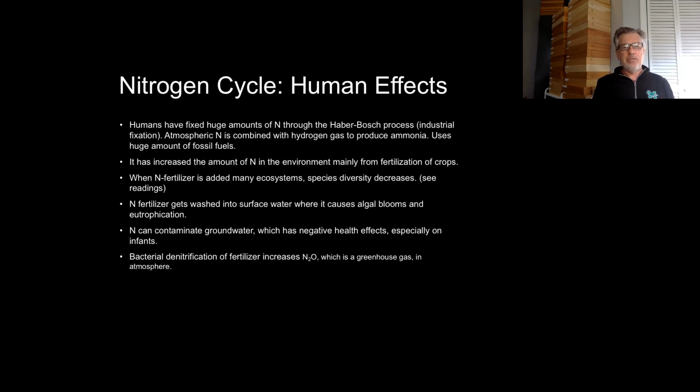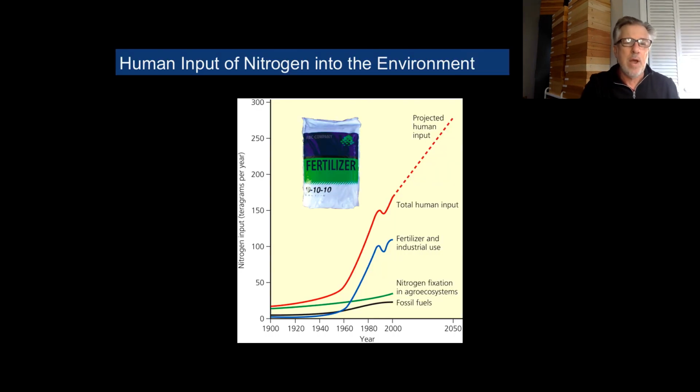And bacterial denitrification of fertilizer increases nitrous oxide into the atmosphere, and nitrous oxide is a greenhouse gas. Additionally, we put more nitric oxide and nitrous oxide into the atmosphere from burning fossil fuels, and these also cause acid rain. So these are the major ways that humans affect the nitrogen cycle.